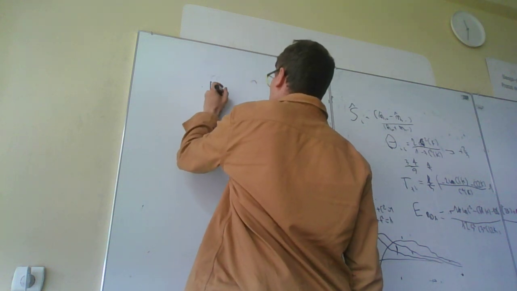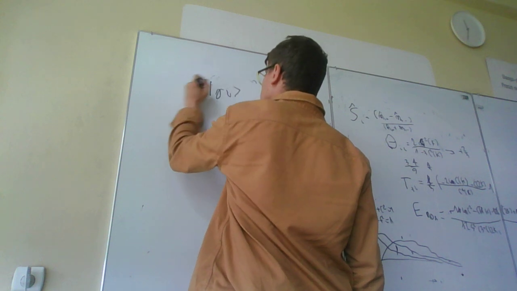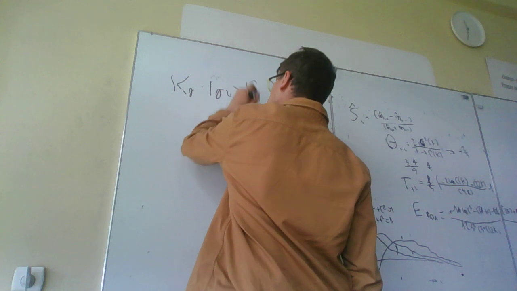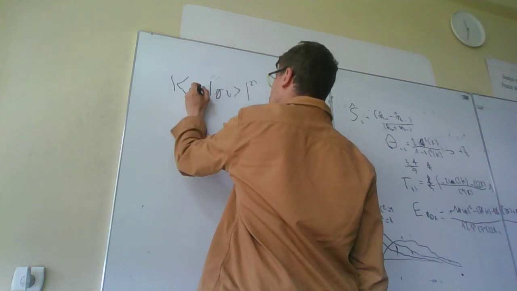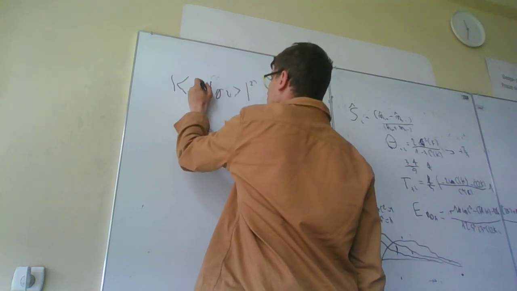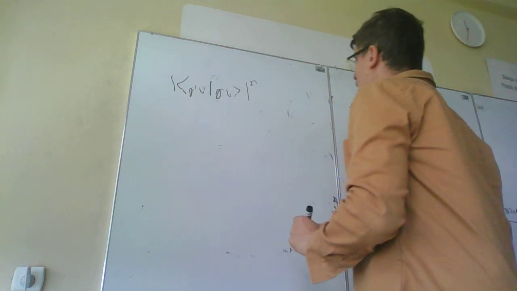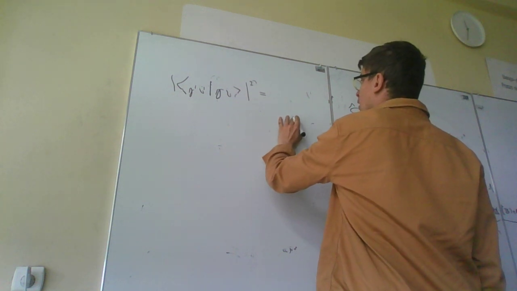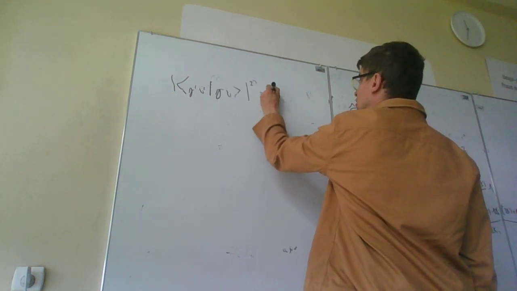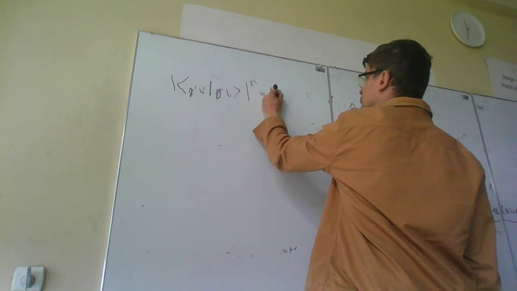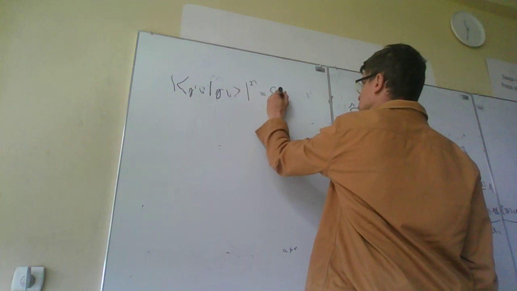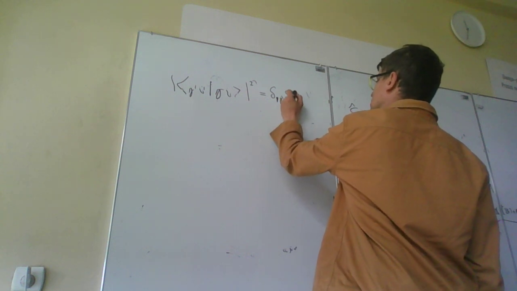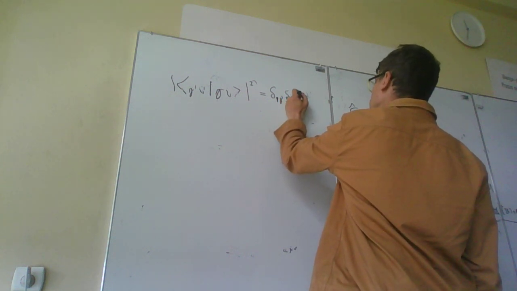If you take the modulus squared of a product with some state from some other unbiased basis, then if j is the same as j prime, it's delta jj prime delta ii prime.